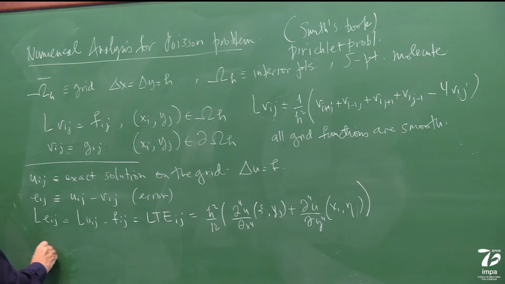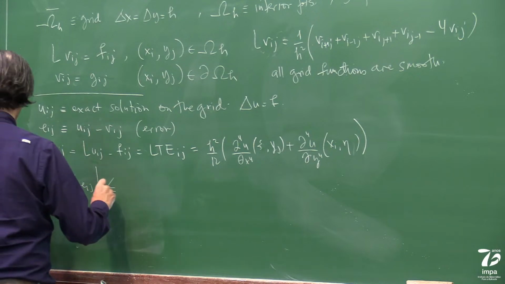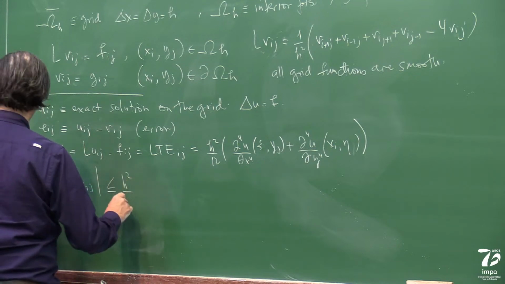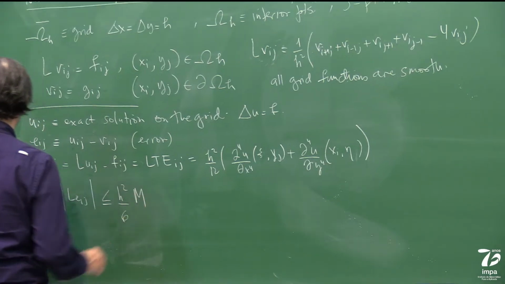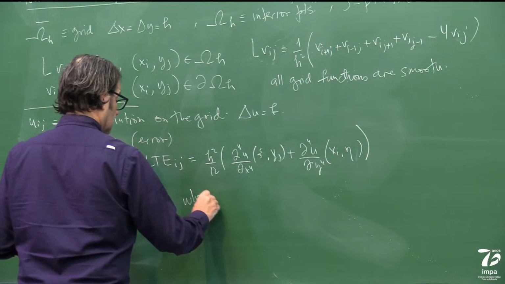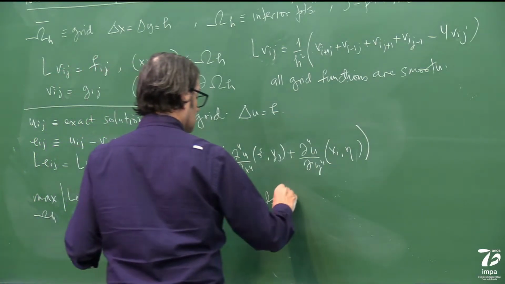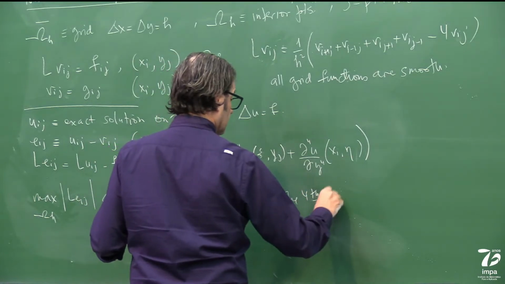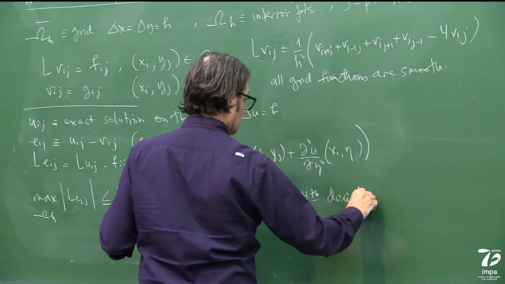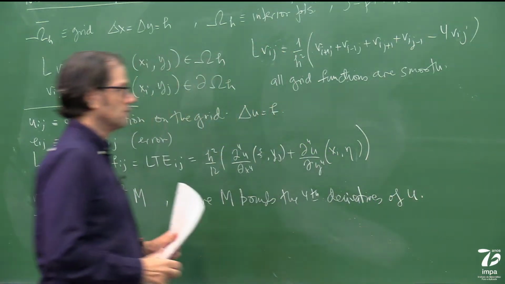Okay, so we can then say that the maximum of this is less or equal to something over 6m, where m bounds the fourth derivatives of u, right?